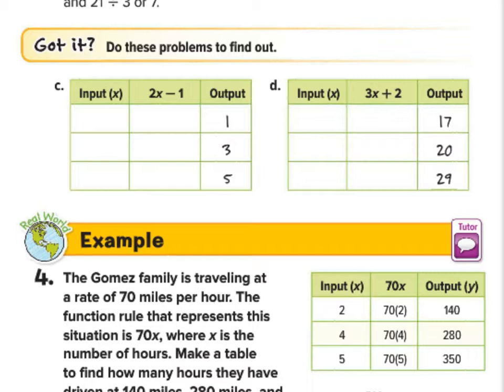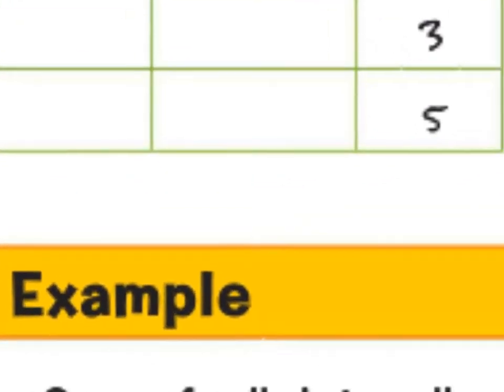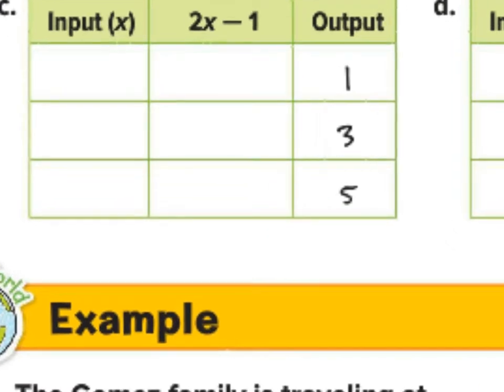Another way to do it is to write out an equation. So 2x minus 1 is 1. That's what they're telling us here. 2x minus 1 will give us an output of 1 without knowing what x is. We can just simply solve.